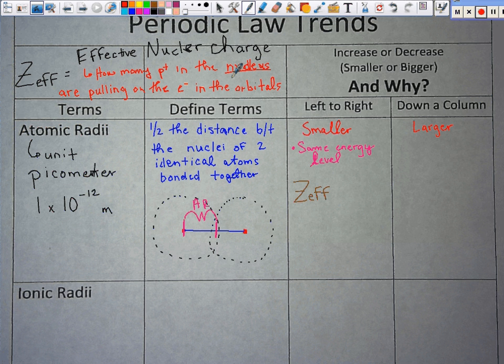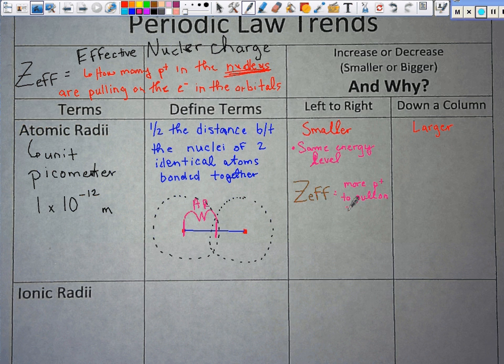So what happens is, since you are on this exact same energy level, your Zeff, you're going to have more. As you go across, you're going to have more protons to pull on more electrons. And it's just like I kind of gave you the example in class.